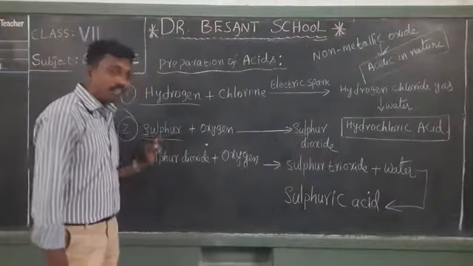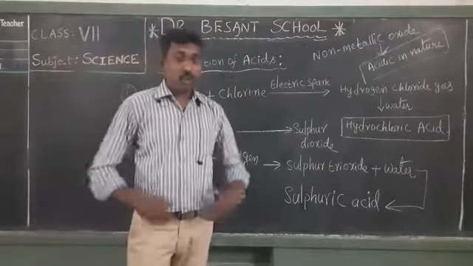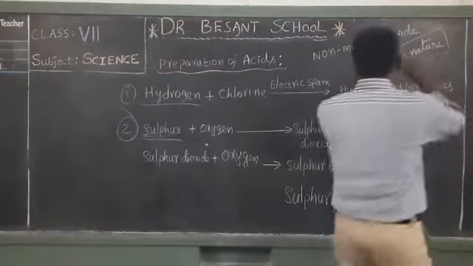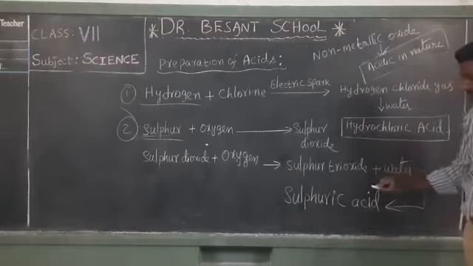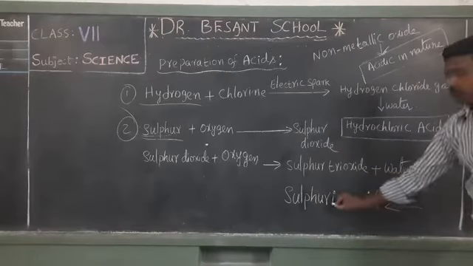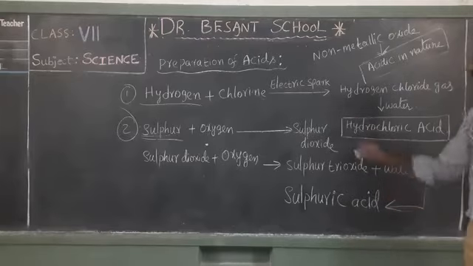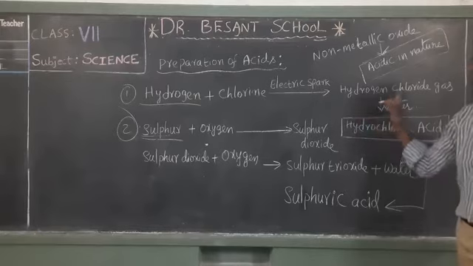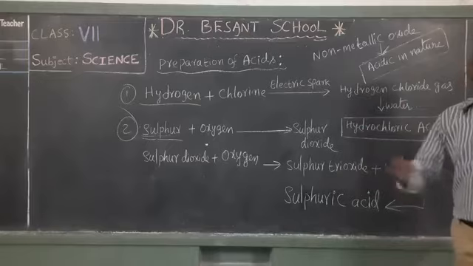So when a non-metal reacts with oxygen, we get a non-metallic oxide. When this non-metallic oxide is dissolved in water, it produces sulfuric acid. Here I said this is a non-metallic oxide, I am extremely sorry for that. It is a chloride.